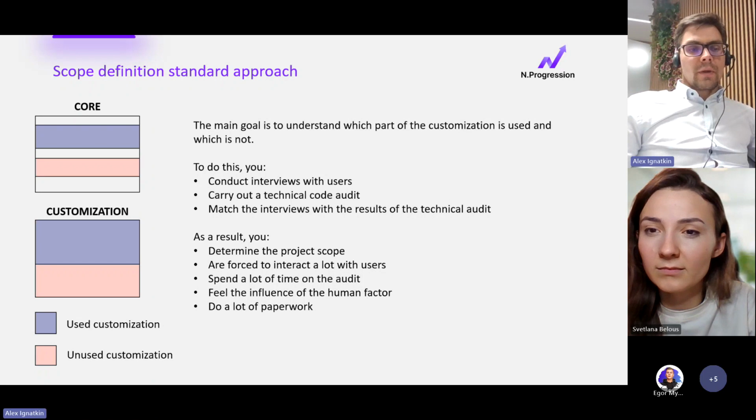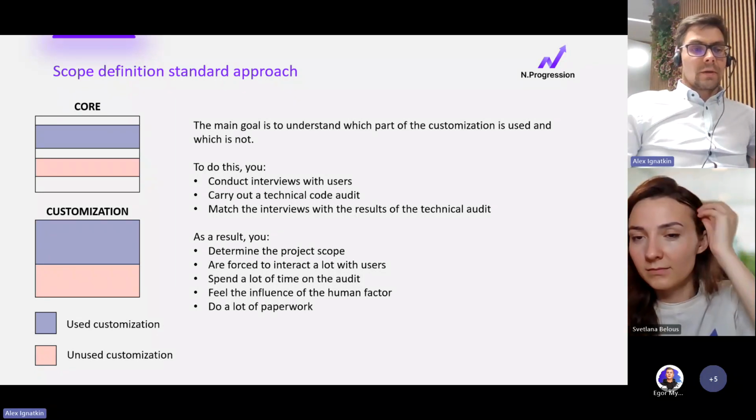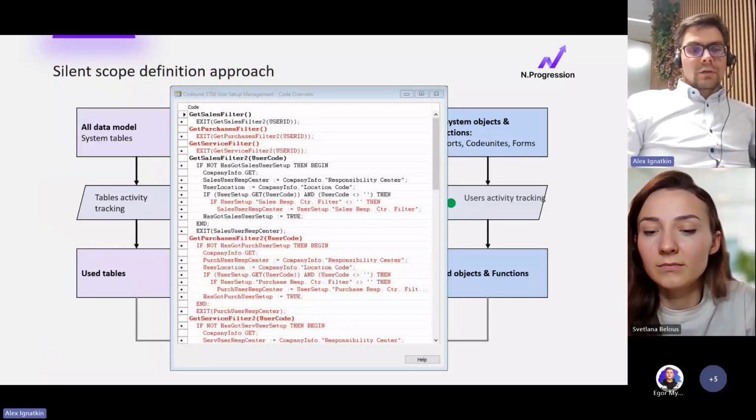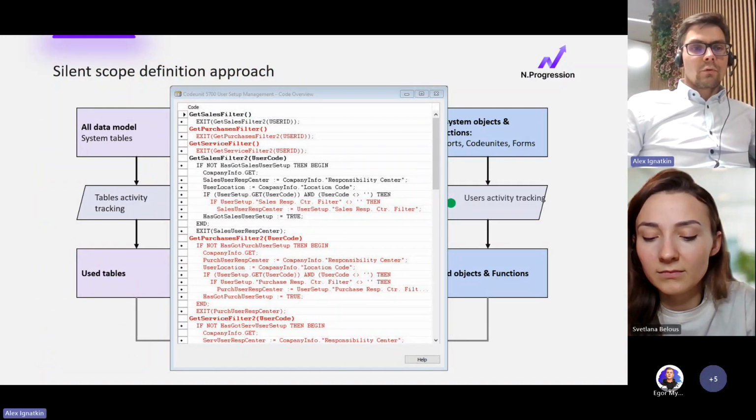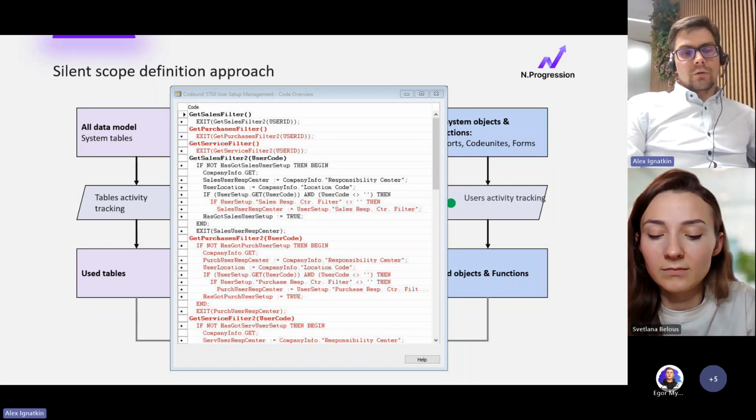So how can we automate this process? Here you can see our silent migration approach related to scope definition. We can automate this process based on two sources of information. The first source of information is the data model. So you have ledgers in your system.